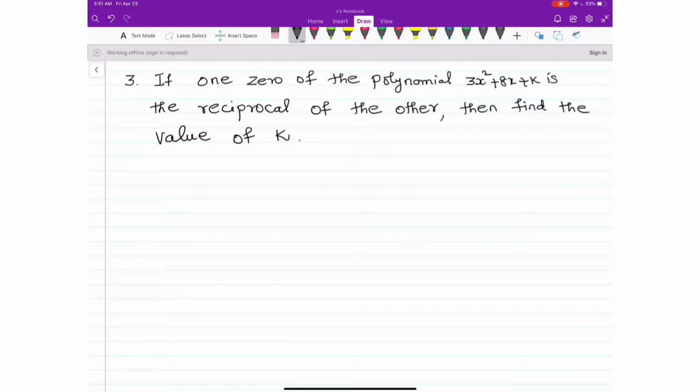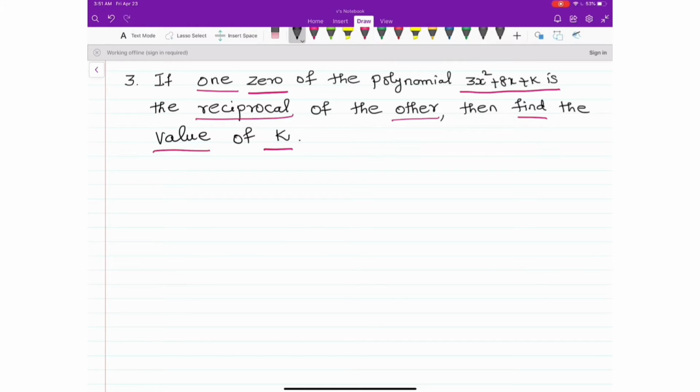Okay. Question number 3. If one zero of the polynomial 3x squared plus 8x plus k is the reciprocal of the other, then find the value of k.